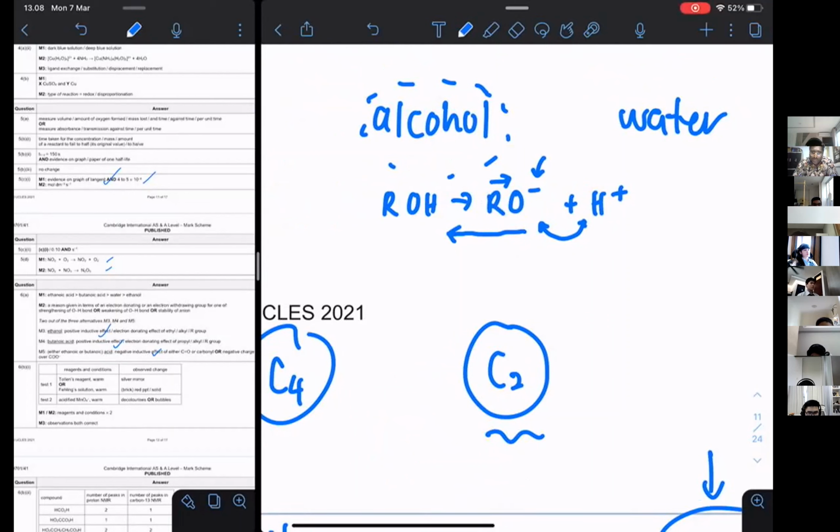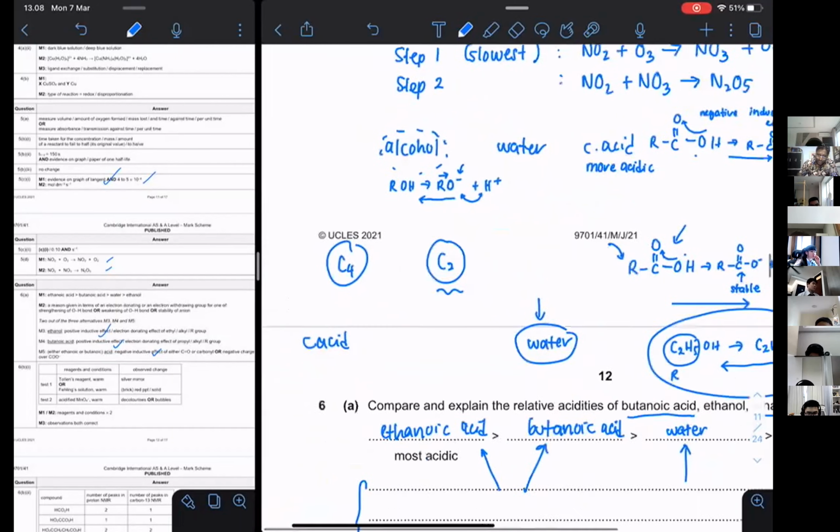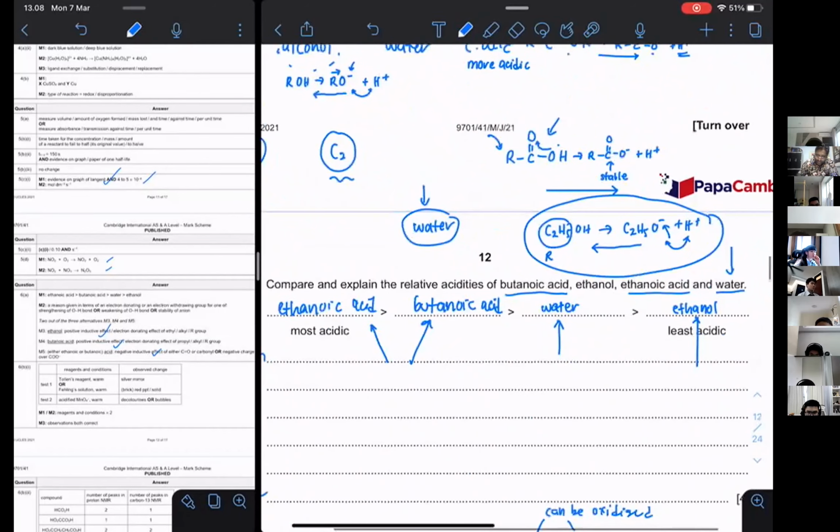If you recall what we have learned in the past, alcohol does react with sodium, but alcohol does not react with sodium hydroxide because it does not have enough acidic property to go through an acid and base reaction. So this is going to help us to predict the position.